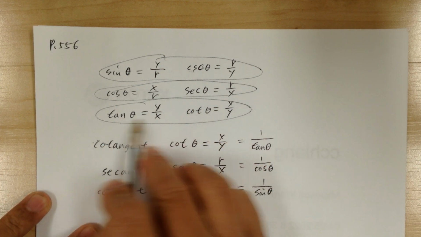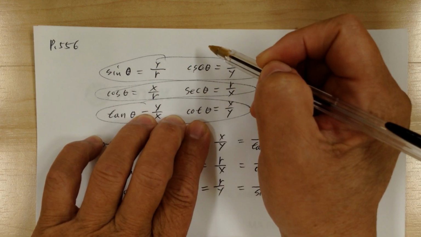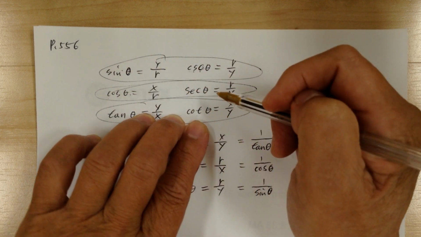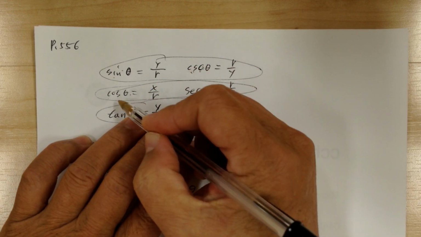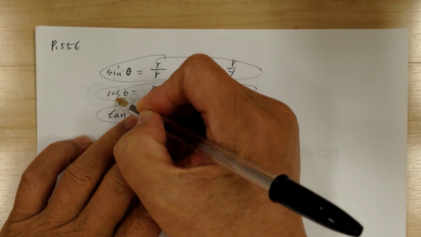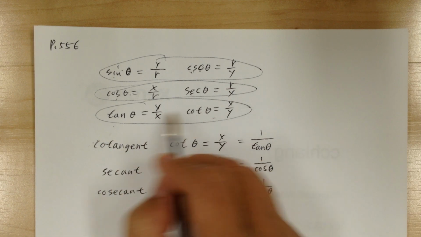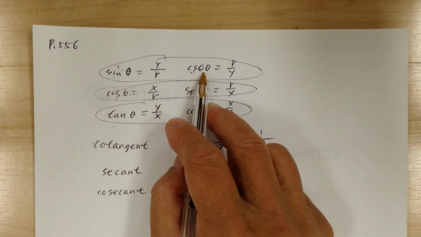And tangent and cotangent have to go together, and therefore the other two just by process of elimination. So cosecant has to go with sine, and secant has to go with cosine. So again, each pair will have one regular function and one cofunction. Tangent and cotangent will go together. So cosine will have to go with secant, and sine has to go with cosecant.